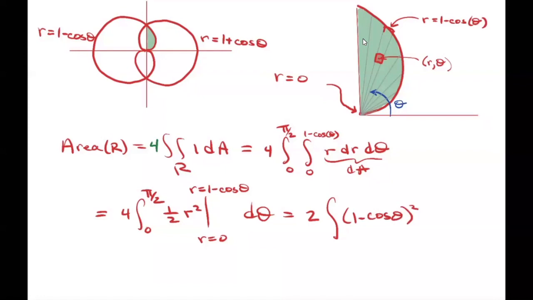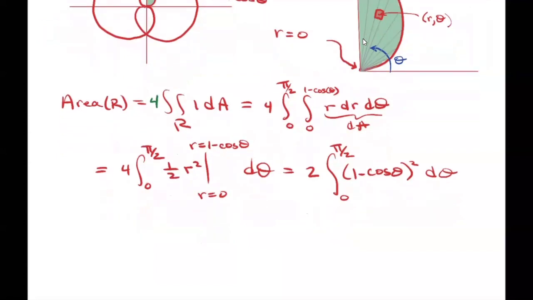The 0 doesn't contribute, so you just have (1 minus cos theta) squared d theta, where theta is going to range from 0 to pi over 2. Okay, any questions? I hate to think that we have to multiply that out.